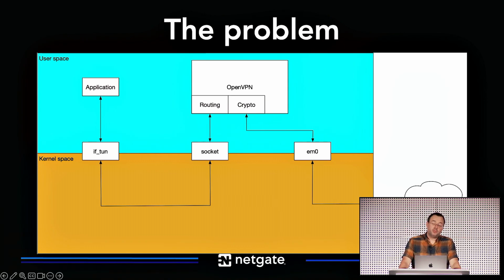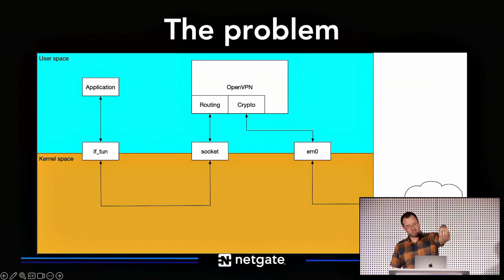The network stack makes routing decisions, eventually decides that, oh, this has to be routed through the OpenVPN tunnel, which means it goes out over an if_tun interface. This if_tun interface then copies that data back into user space so that OpenVPN can encrypt the packet, can do all of the magic that it needs to do to provide VPN functionality, and then it will copy this data back into the kernel so that the kernel can route it out onto the internet or whatever network that you happen to be connected to.